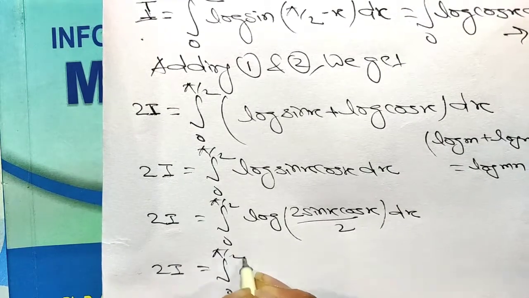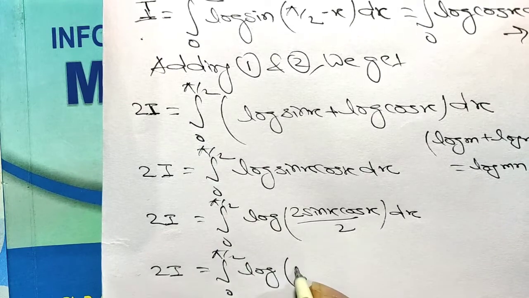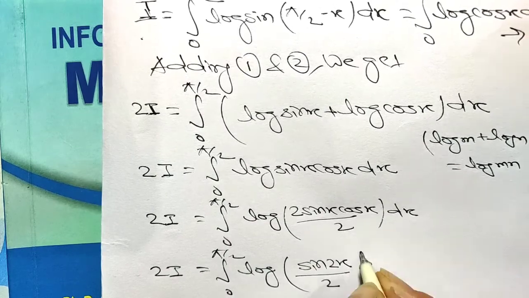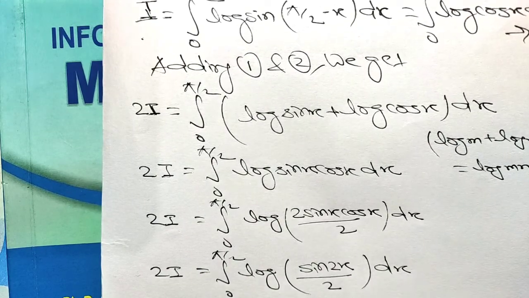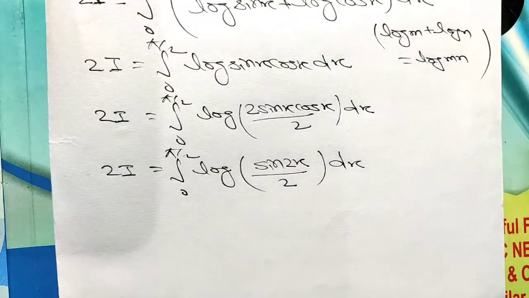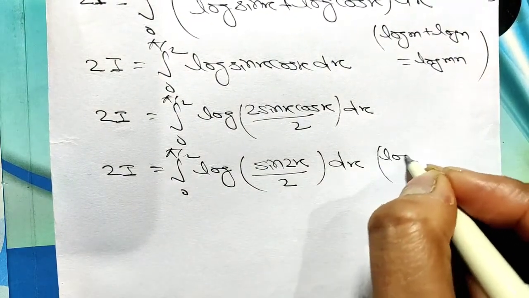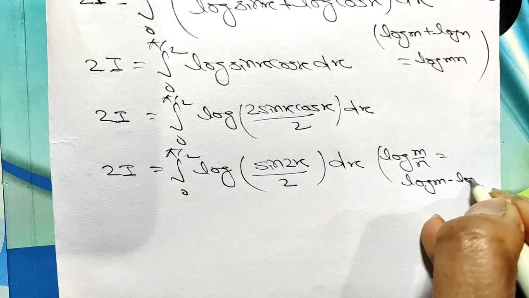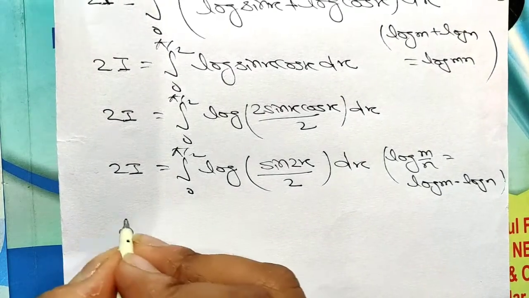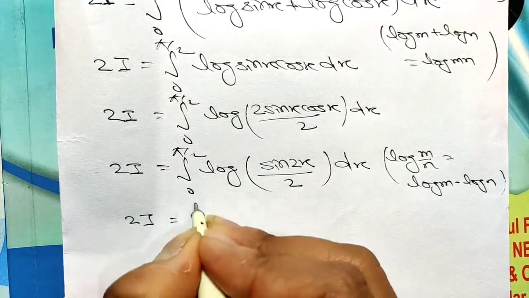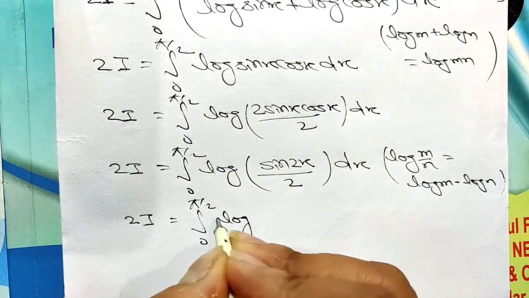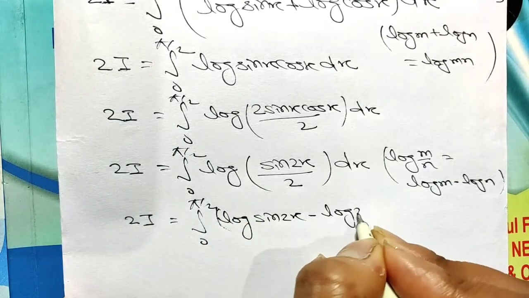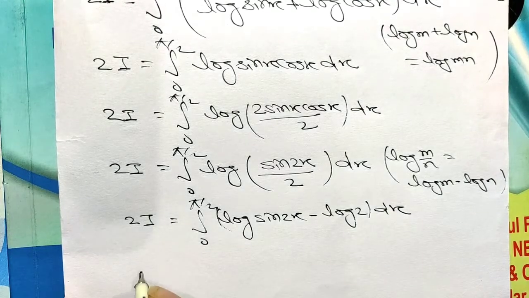The integral from 0 to pi by 2 of log of 2 sin x cos x, which is sin 2x, I hope you know the formula, upon 2, dx. Again we are going to use the formula of log of m upon n is equal to log m minus log n. So we are going to write it as log sin 2x minus log 2 dx.